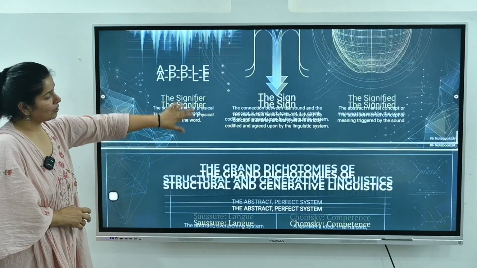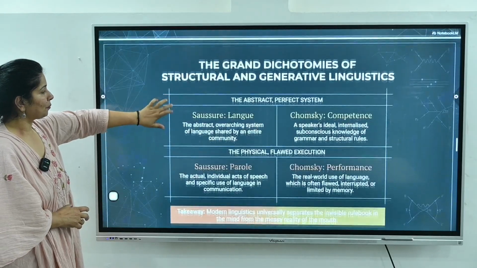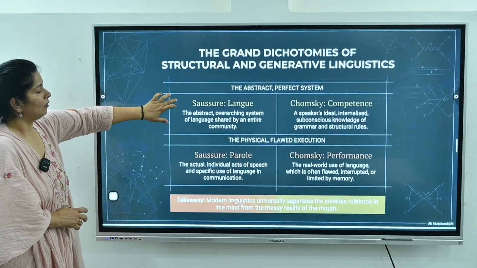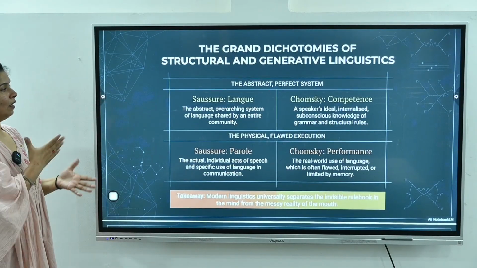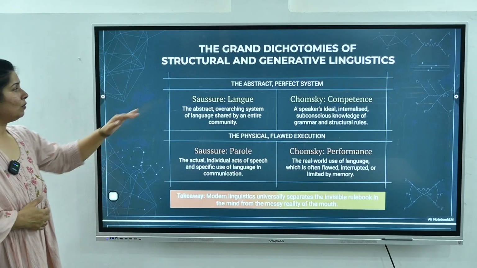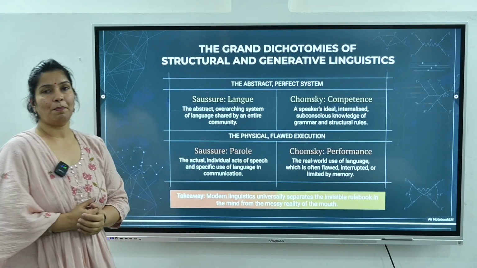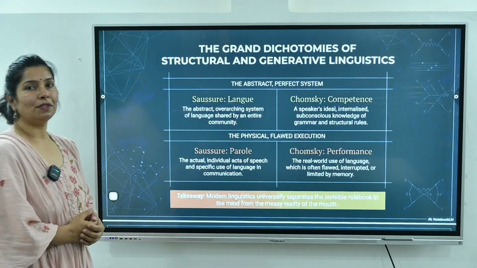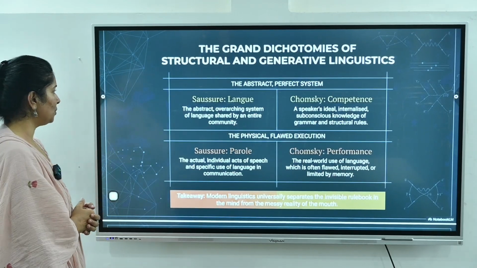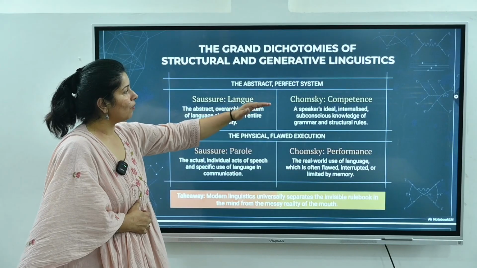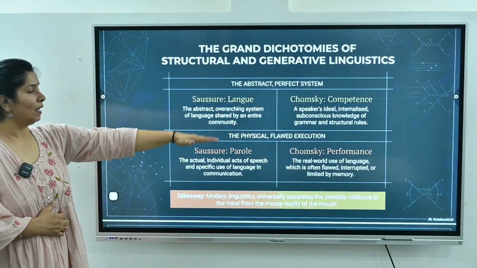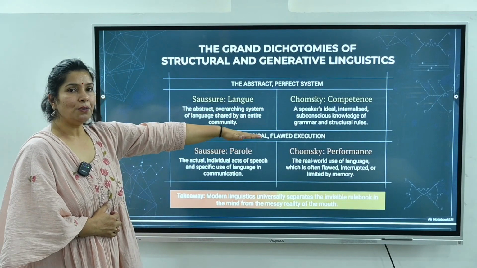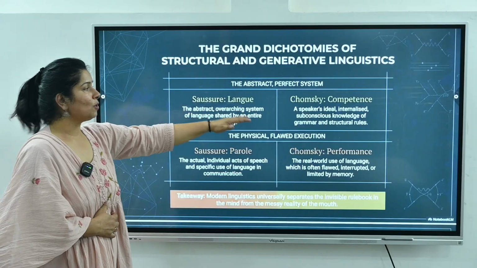Another important aspect is langue and parole. The concept of langue and parole was introduced by the father of linguistics, Ferdinand de Saussure, and the concept of competence and performance was introduced by Noam Chomsky.